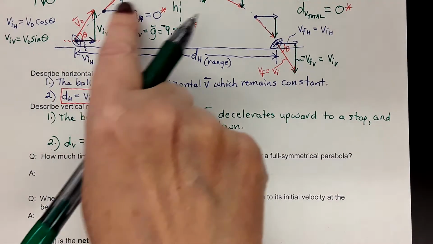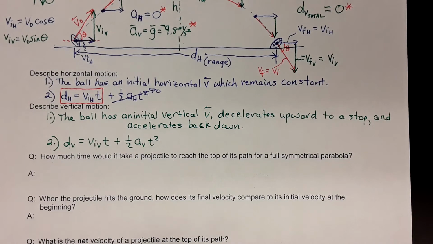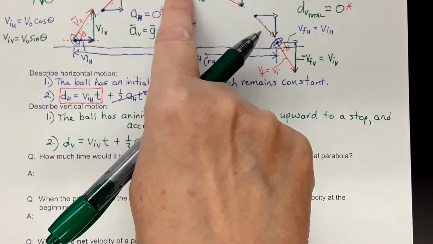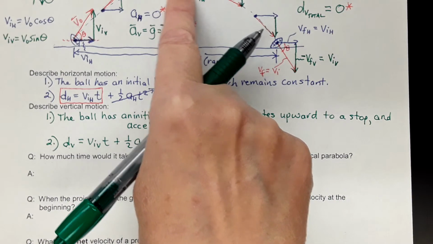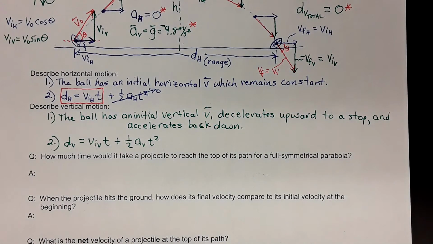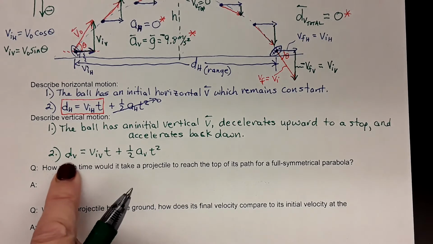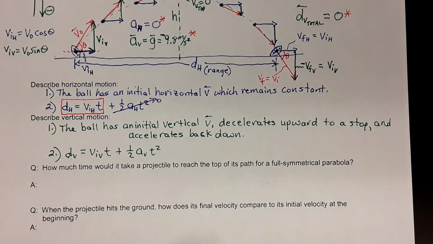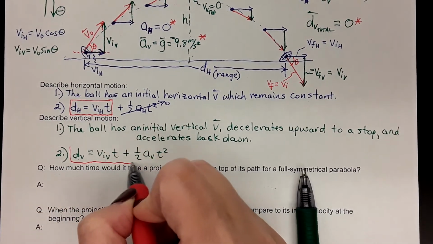You could put any time in and see where it's located vertically. It's just that a lot of times we specifically want to see where it is at the top. How high is it at the very top? And we know that's where half the total time has passed. So you stick in half the total time, you get the height, the maximum height reached. Okay, so that's what we're going to use for the vertical, all of it.